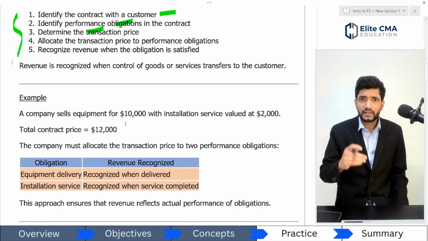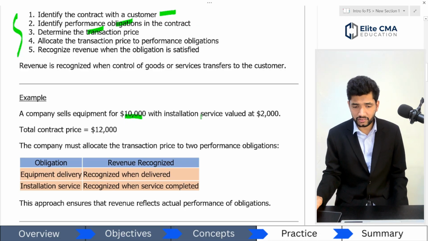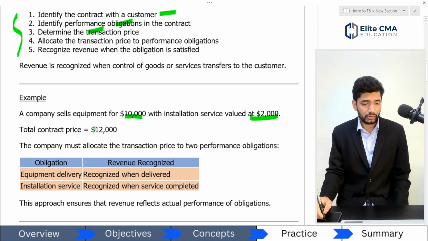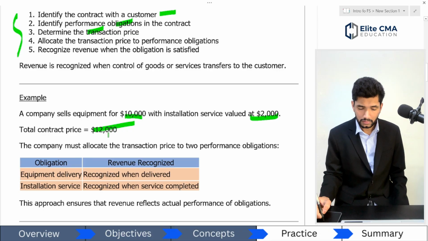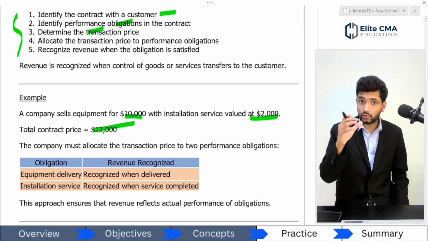For example, a company sells equipment for $10,000 with installation service valued at $2,000. In this case, the total contract price is $12,000. The company must allocate the transaction price into two performance obligations.